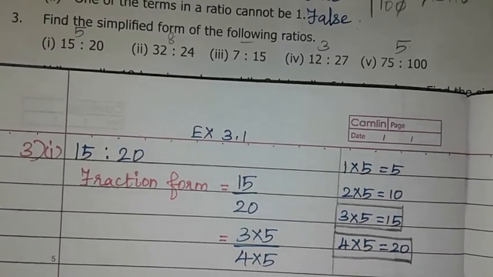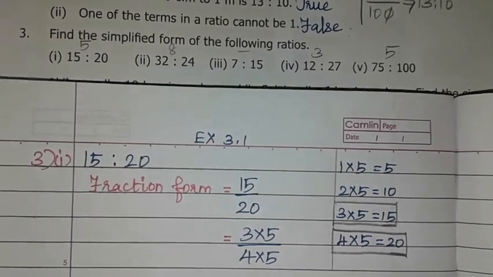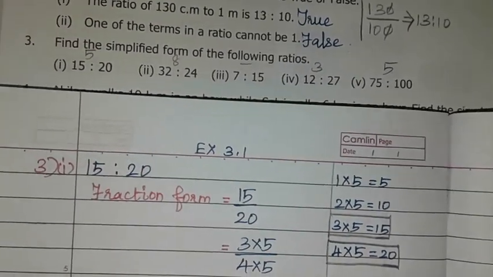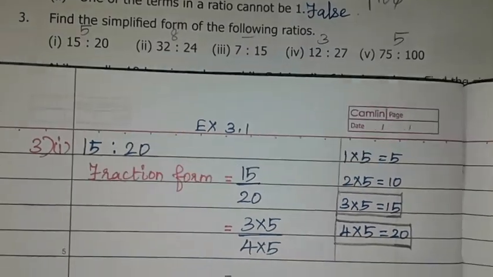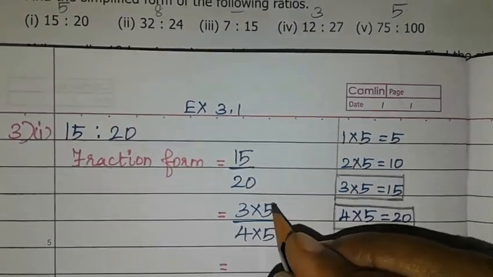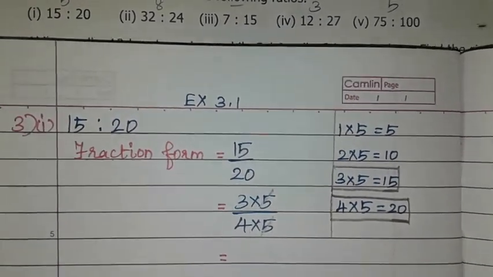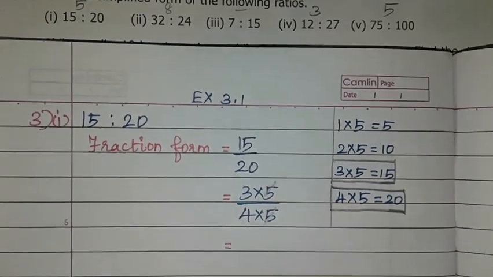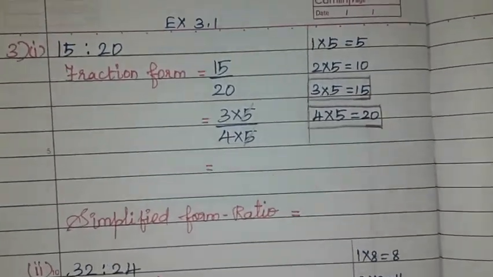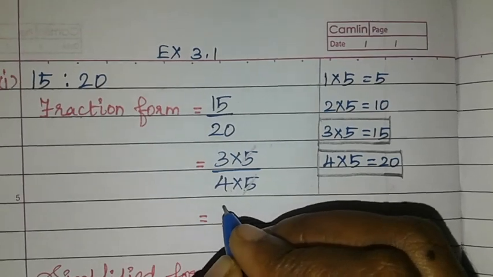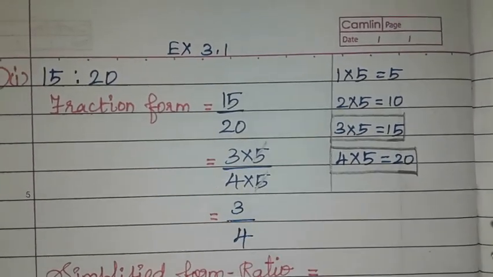Now we need to simplify. Simplified form is required, so cancelling the common factor, this 5 and this 5. Now what are we getting? 3 by 4, 3 divided by 4.